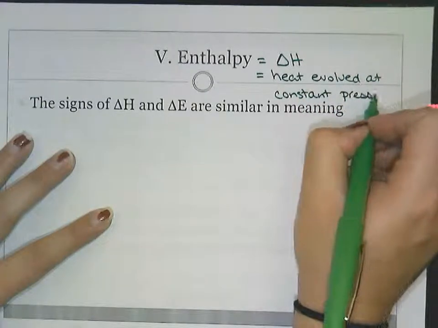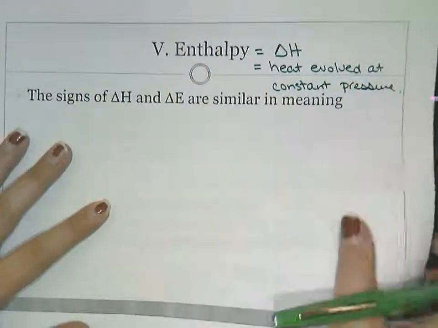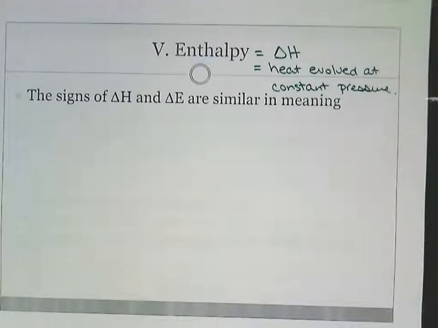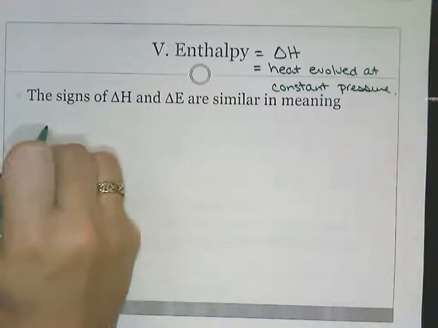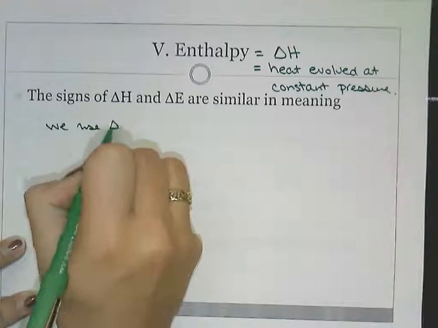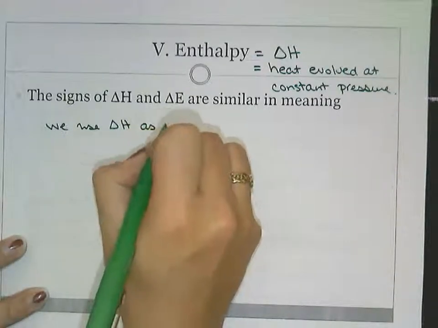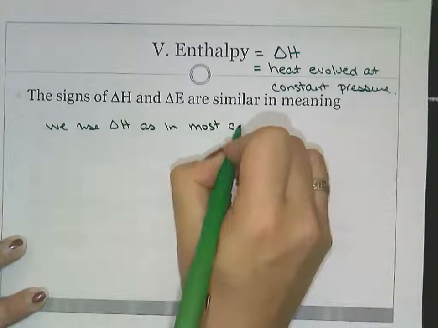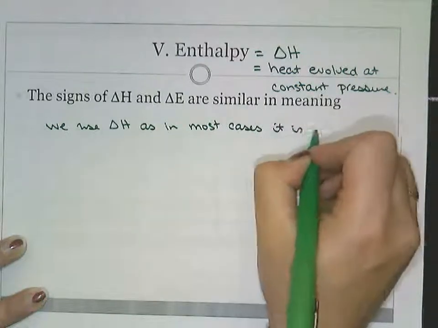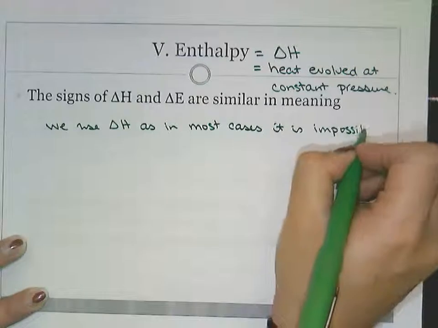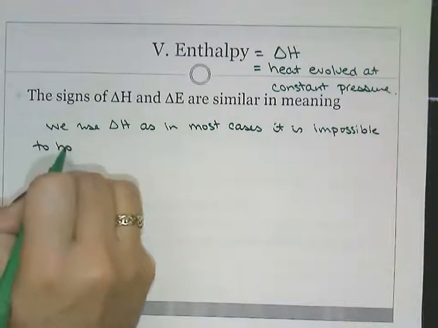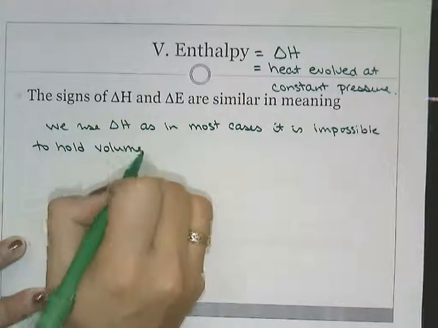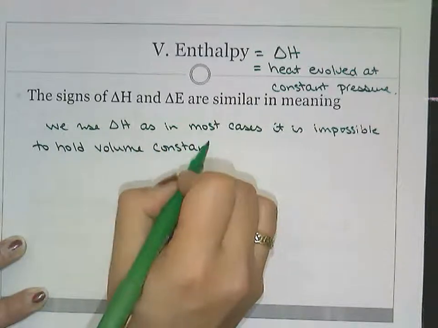It's similar to what we talked about in Q, right? Q has been heat, enthalpy is also a measure of heat. We use delta H because it's at constant pressure.